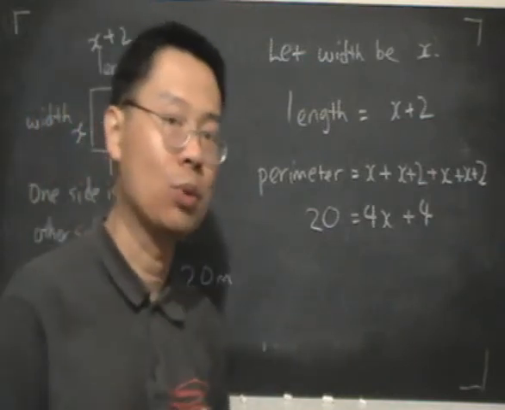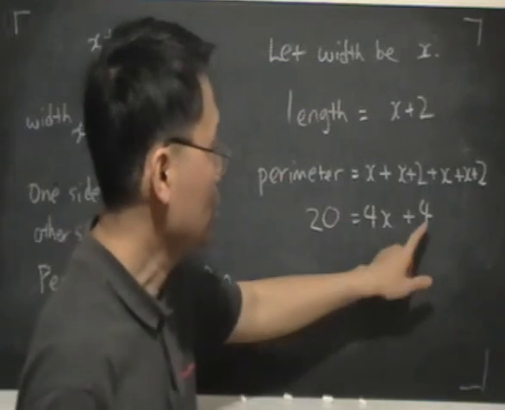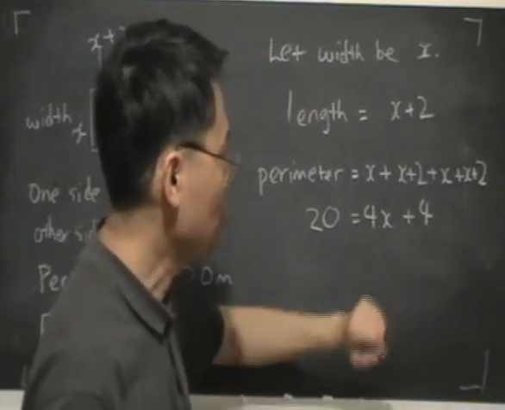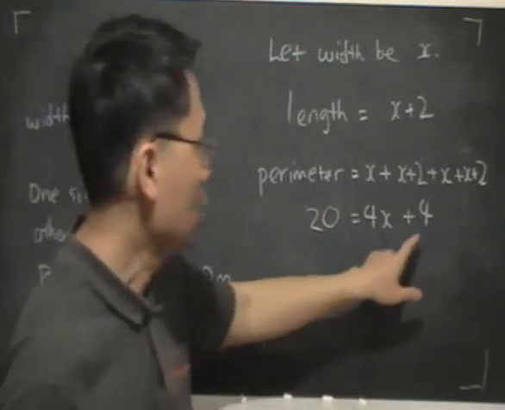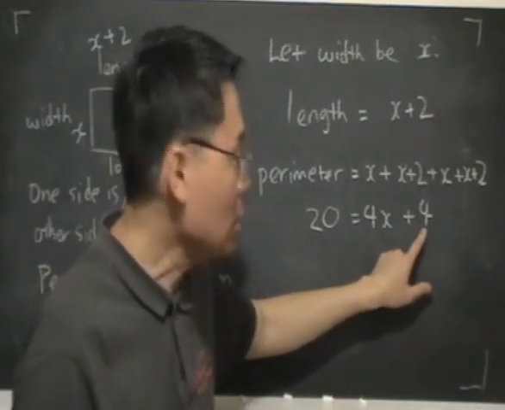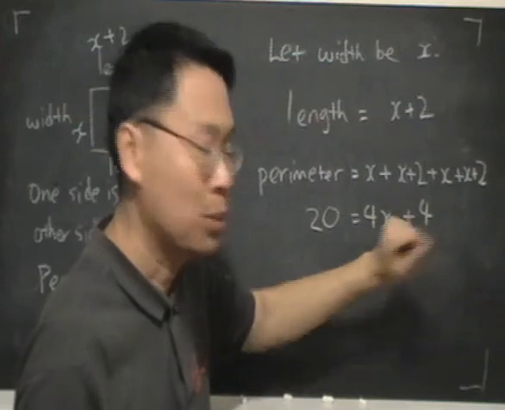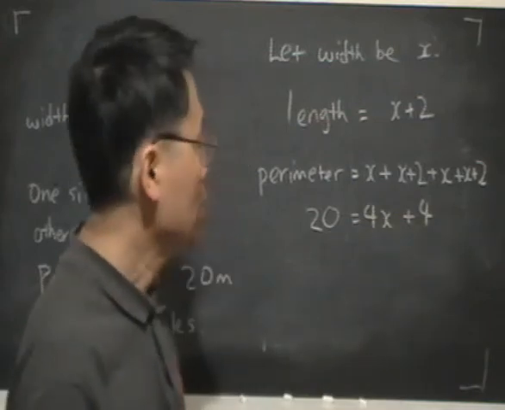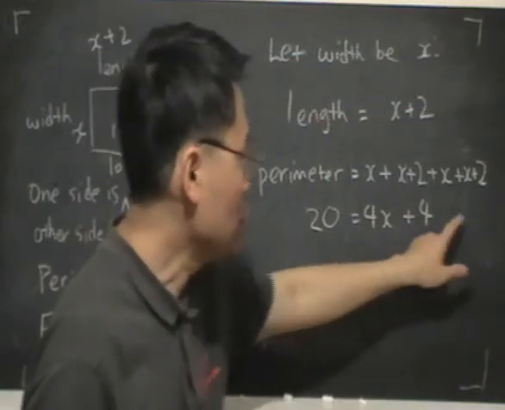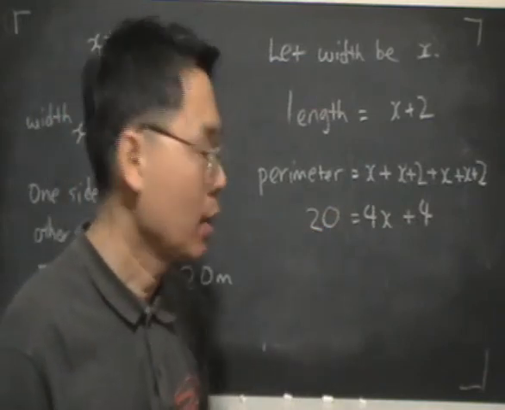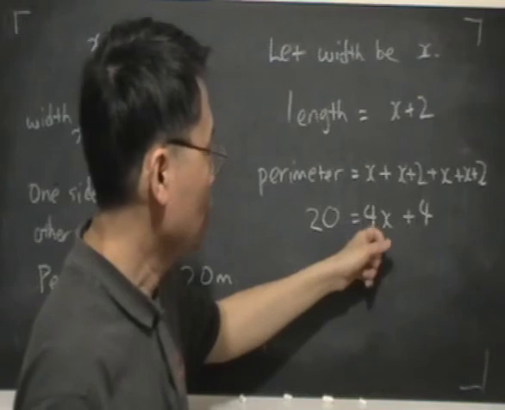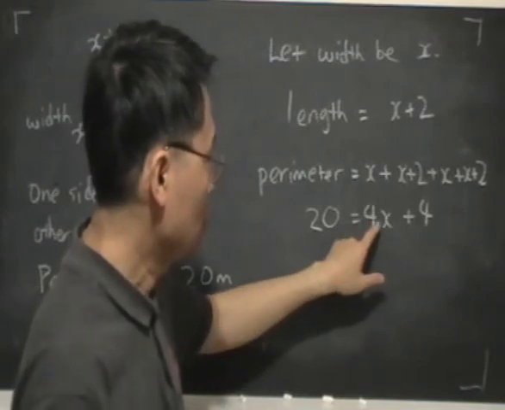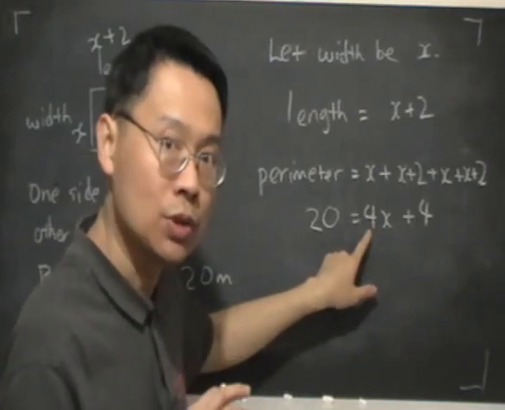We need to do it one by one, because one is added with a plus 4 there, and we have a times 4 there. It is easier to get rid of the plus 4, because I can just minus the 4 from both sides.